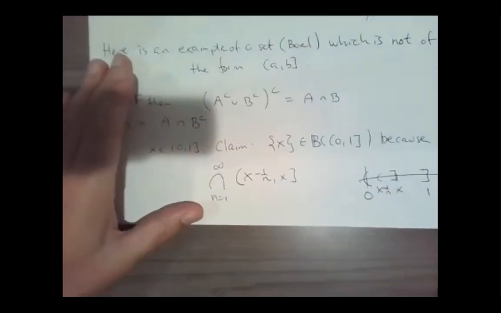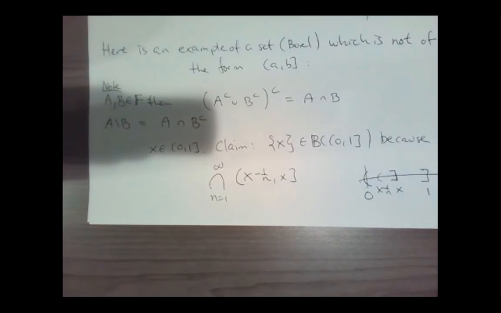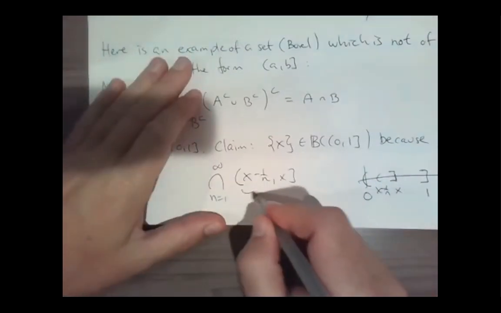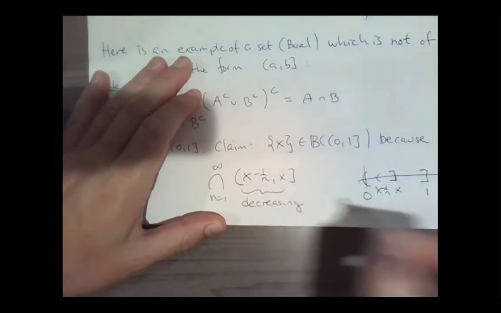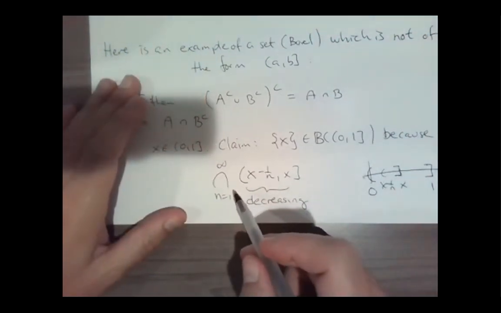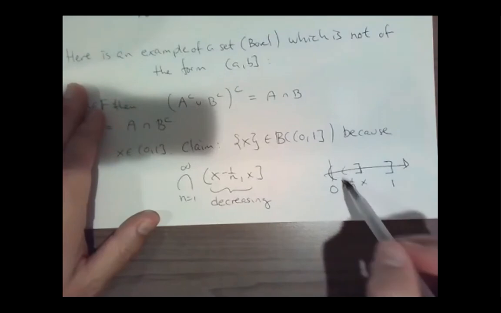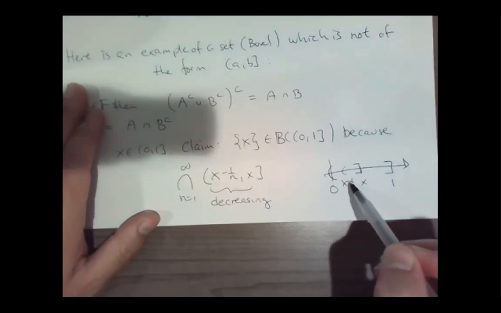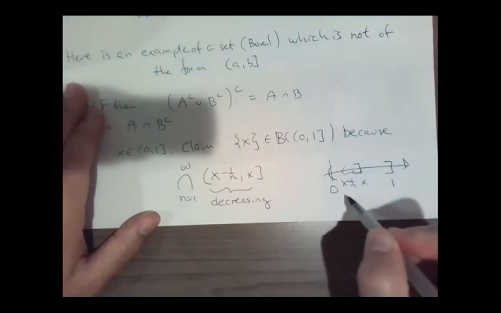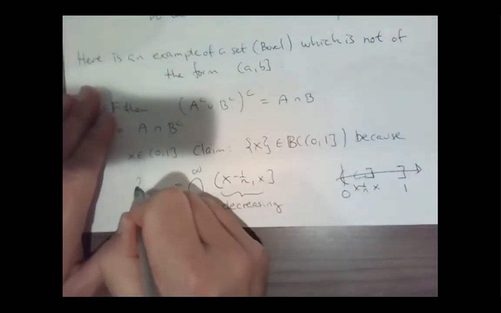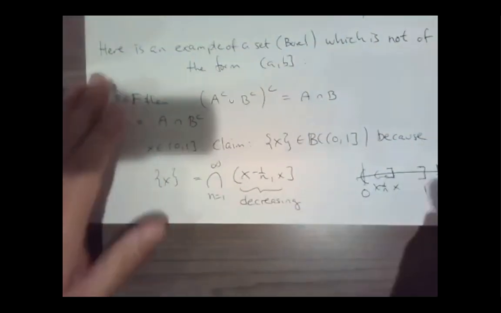I'm taking an intersection of a decreasing sequence of intervals. As n gets bigger and bigger, 1 over n gets smaller and smaller, and the interval moves towards x. The only thing that's left is my x.